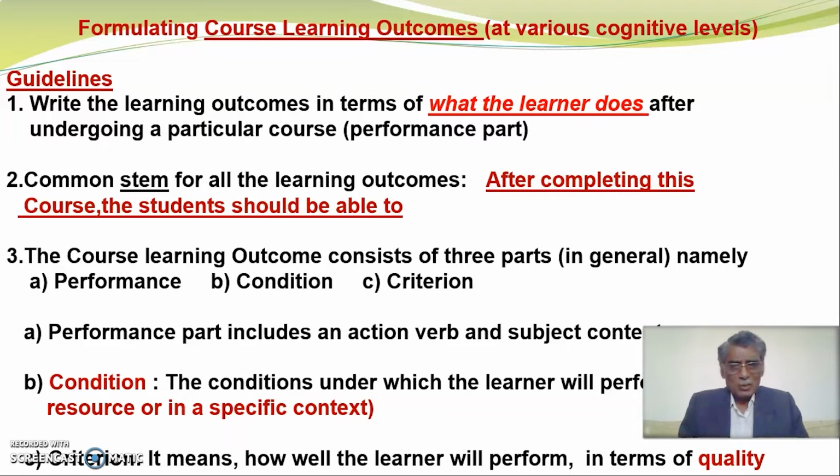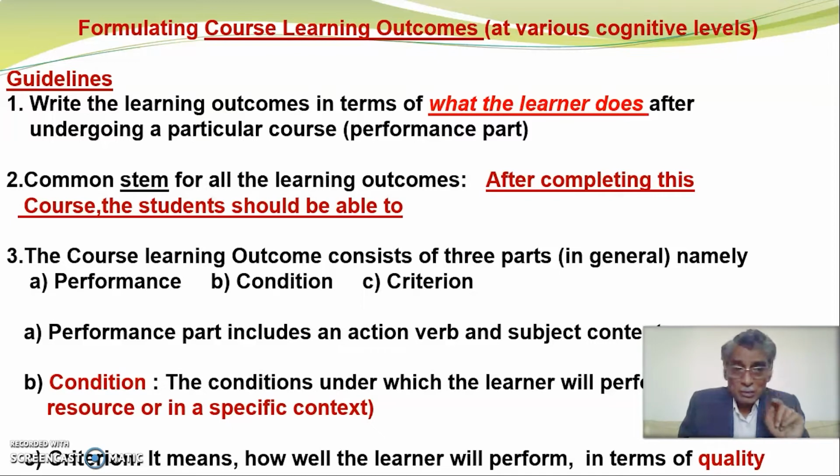Then the third one, the course learning outcome consists of three parts in general: performance part, condition part and criterion part. Performance part must be used always. Condition and criterion part wherever necessary to give the complete meaning to the course learning outcome.